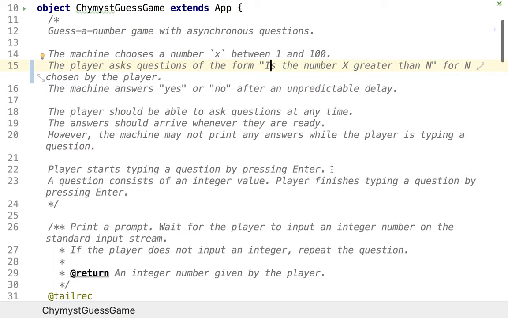So once the player presses enter again, the console should be at the player's disposal, and the machine should not print any answers, even if they're available, until the console is idle again. So that's the specification of this game, and I will now show how I can implement this game by reasoning about this asynchronous and concurrent computation.